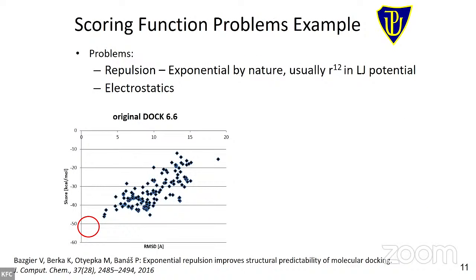But of course, there can be problems. One of the problems is that we don't calculate the repulsion right. As I've said, the repulsion is exponential by nature.